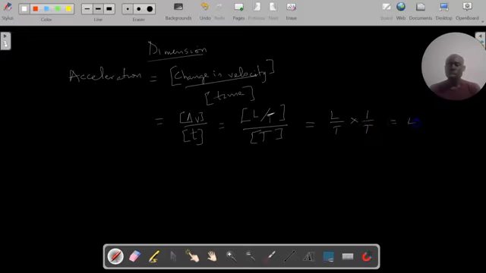So this is simply L per T squared, because T multiplied by T will be T squared. So this is the dimension of acceleration.